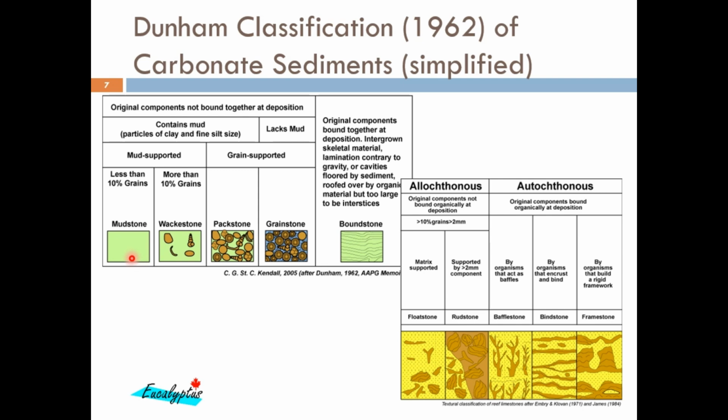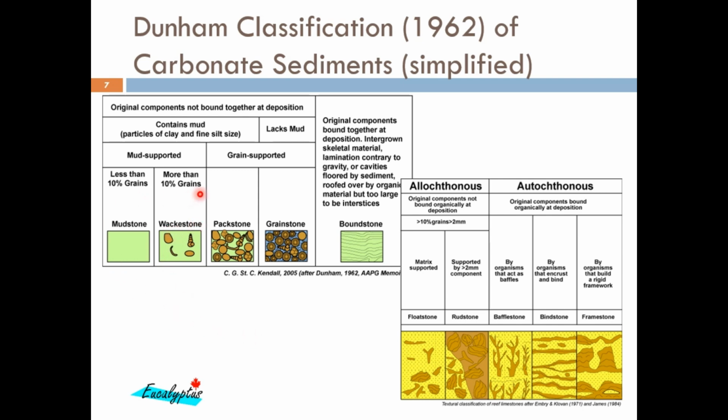It's massively white, very fine-grained stuff. If you get particles floating in it, but it is less than 10% of the rock, then we call it a wackestone.